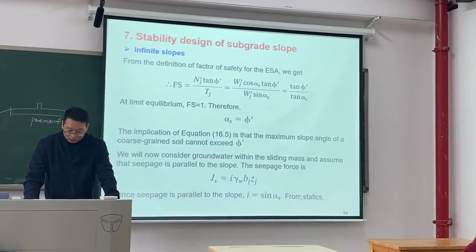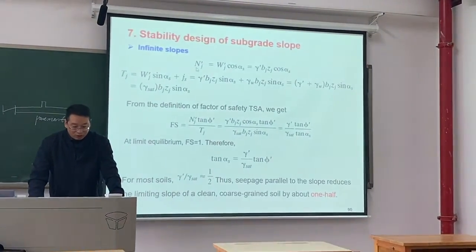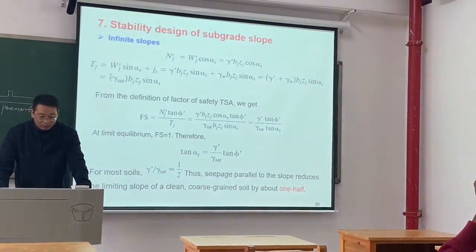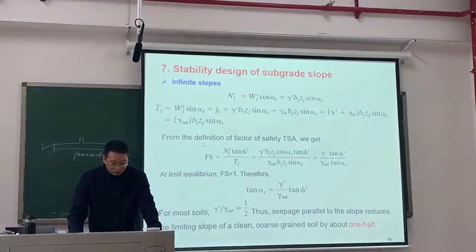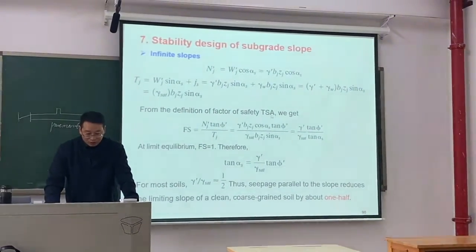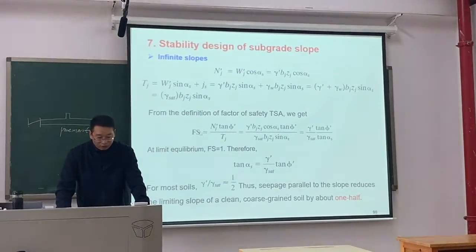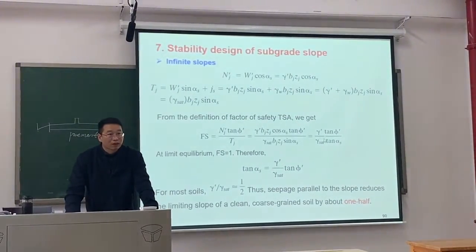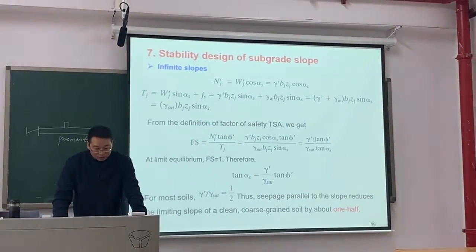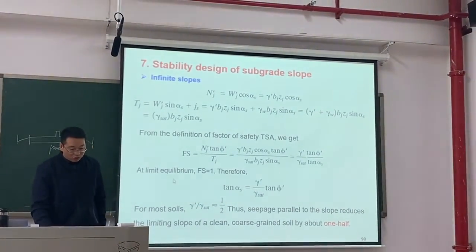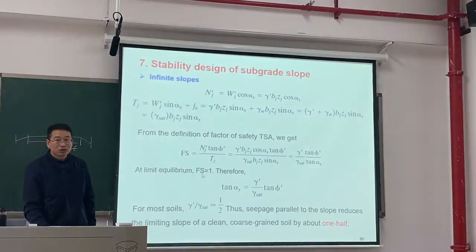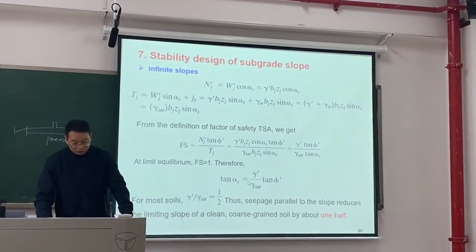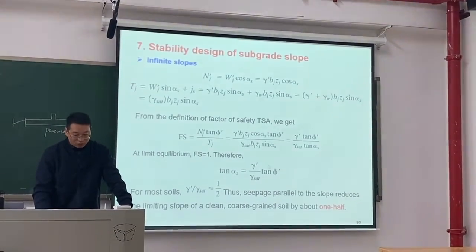From statics, we can obtain the Nj and Tj. From the definition of factor of safety, we get Fs. Factor of safety is equal to this. And commonly, at limit equilibrium, Fs is equal to 1. Therefore, tan phi s is equal to this.